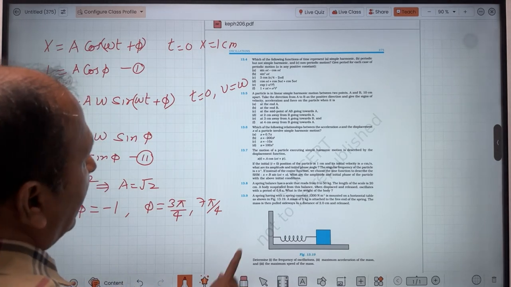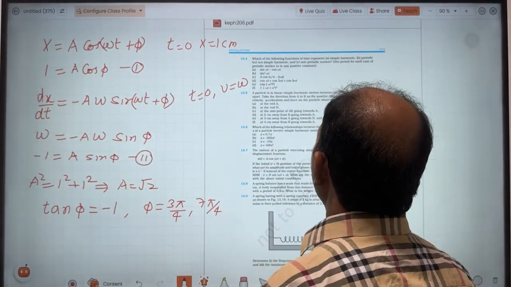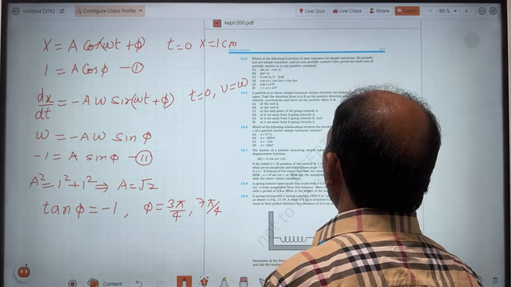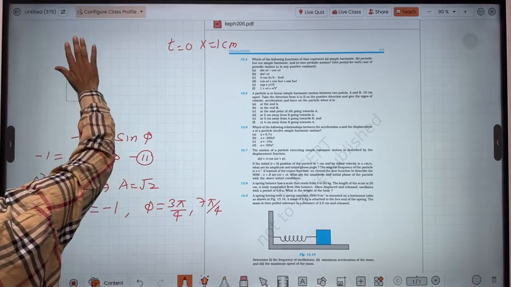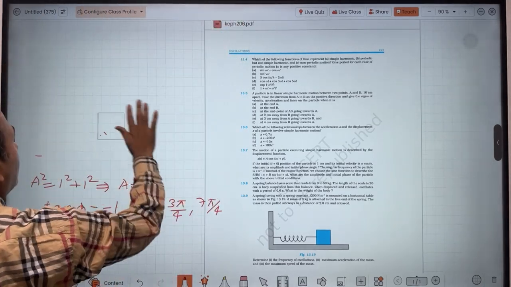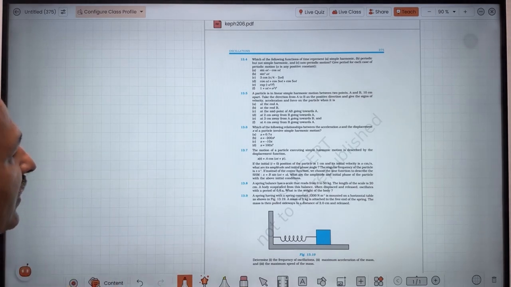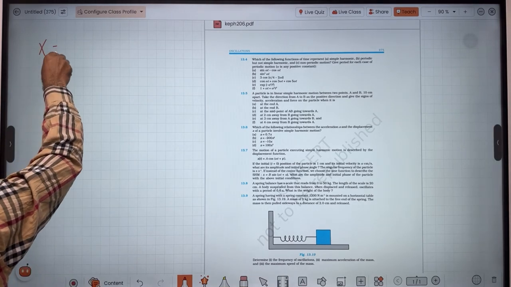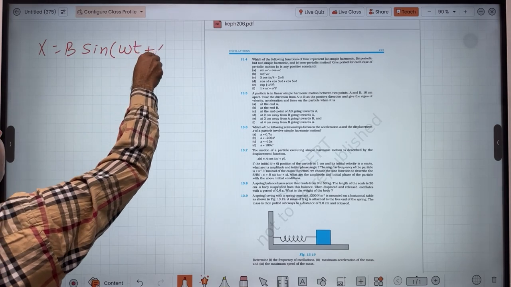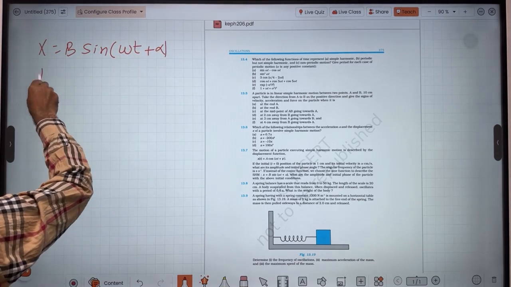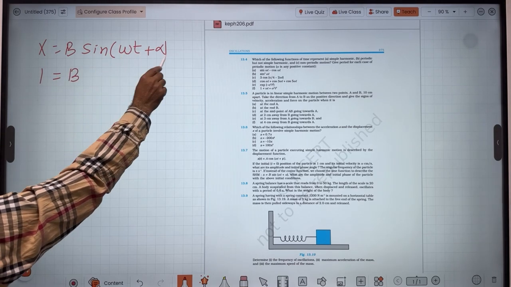Now here again another condition is given that if x is written as b sine omega t plus alpha, in that case what will be the case, assuming that conditions remain same. So let's see this situation also. In this case, what happens? We are given x equal to b sine omega t plus alpha. Here x is given as 1, t is 0.